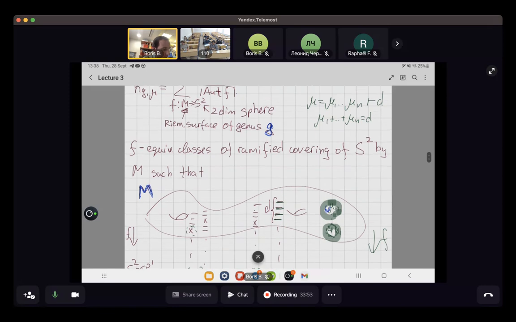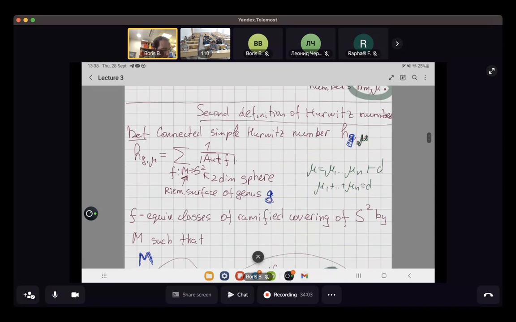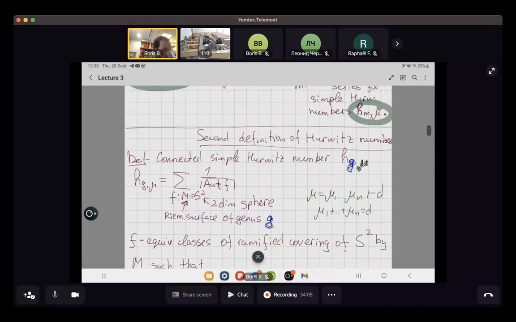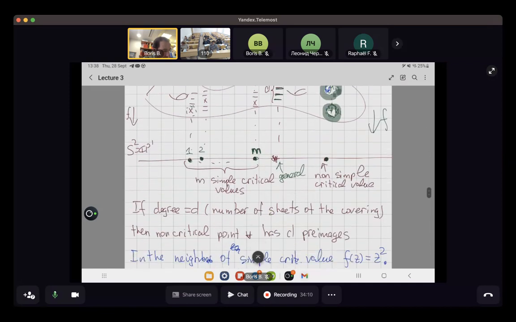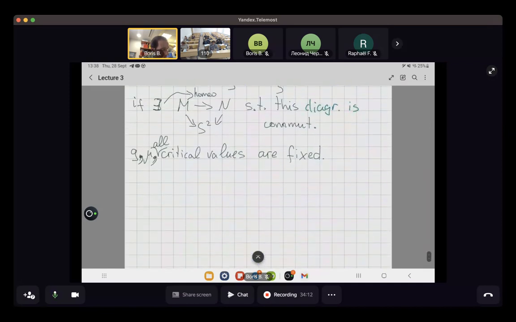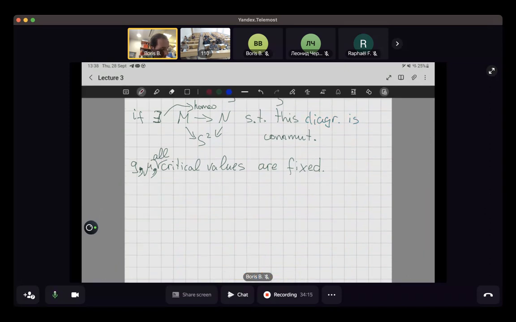Okay, let me say at first how these numbers are connected to each other, and then how these two numbers h_g,mu and h_m,mu are connected to each other. In general we have what is called the Riemann-Hurwitz formula.